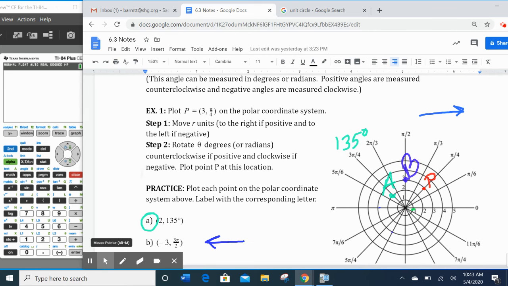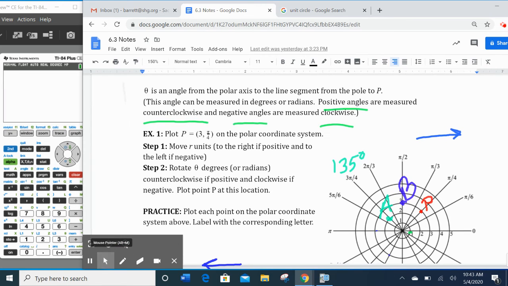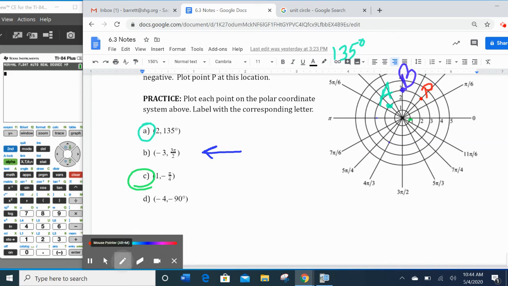Positive angles are counterclockwise and negative angles are clockwise. So from 1, I'm going to rotate -pi/4, which would end up right here. -pi/4 is at the same location as 7pi/4. So this point here would be C.